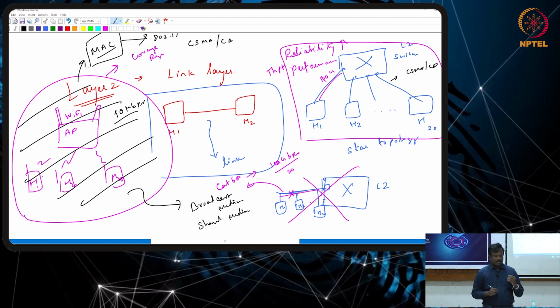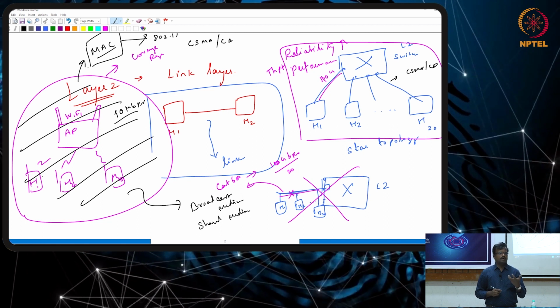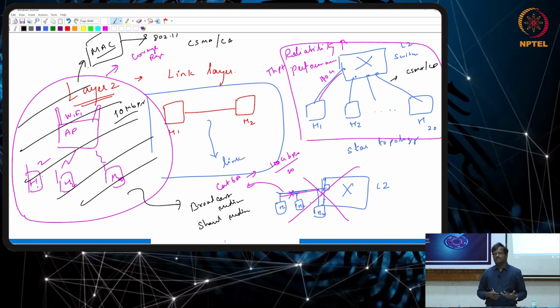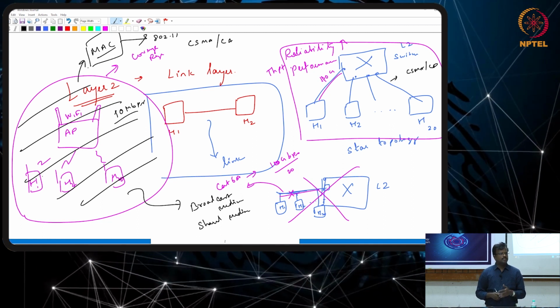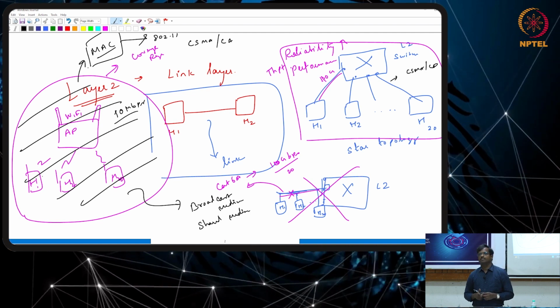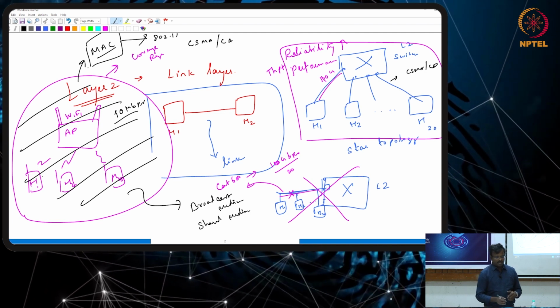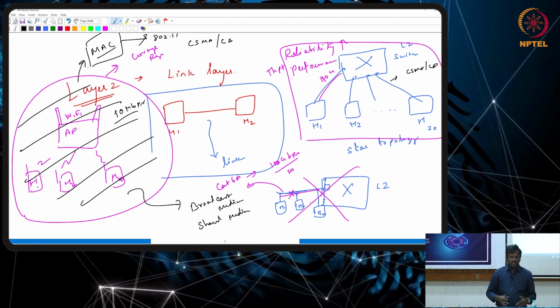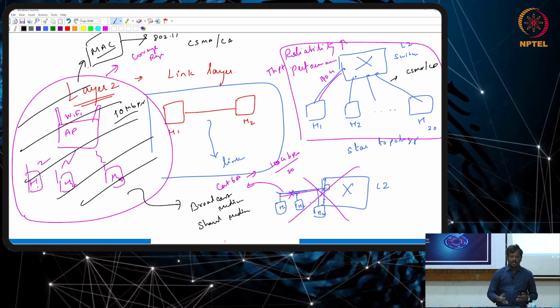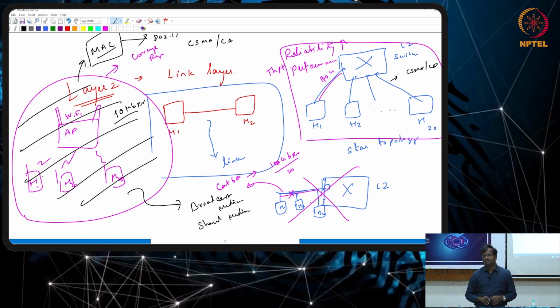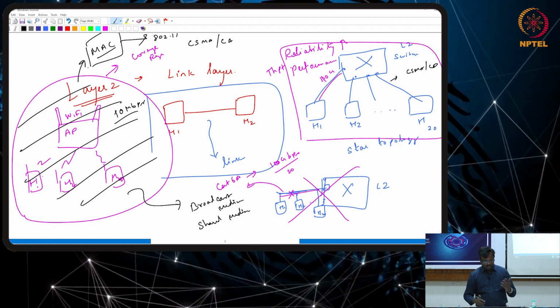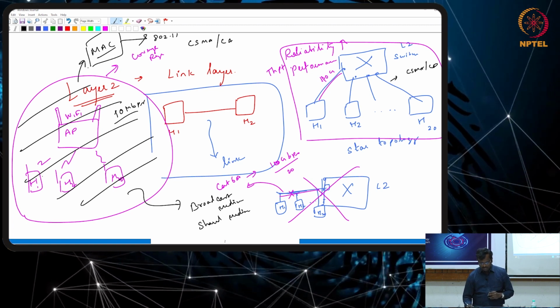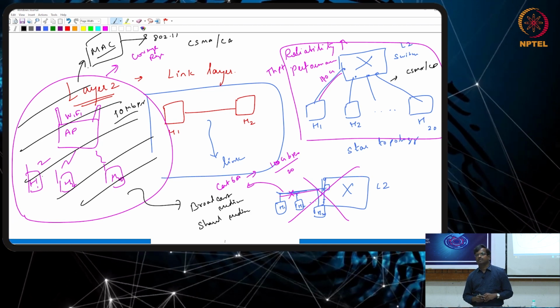If you study the analytical model behind this, you will see that every device has an equal share of bandwidth. If the total usable bandwidth is 10 megabits per second, everybody will have an equal share of bandwidth in the system. We are not going into the mathematics of it, but that is how your link layer protocol works.